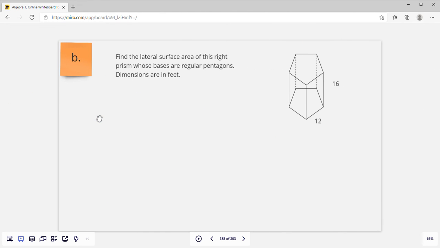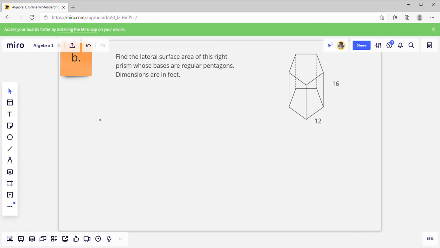All right, for B, this one's lateral surface area, so that means all of our up and down sides. We've got 12 by 16, and this is a pentagon, so we've got 1, 2, 3, 4, 5. So we're going to say 16 times 12. That's 192, and then we have 5 sides.